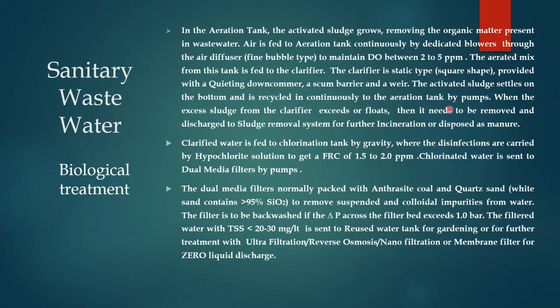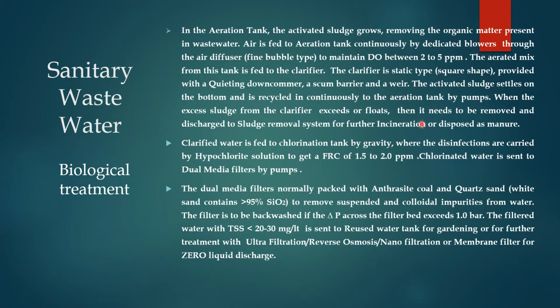If the sludge is excess, or dead sludge is there, it will float. Then it is to be removed and discharged to the sludge removal system. In the belt press unit, the sludge is belt pressed and sent to incineration, or it can be disposed of as manure. So the quantity of dead sludge also has to be maintained in the clarifier.